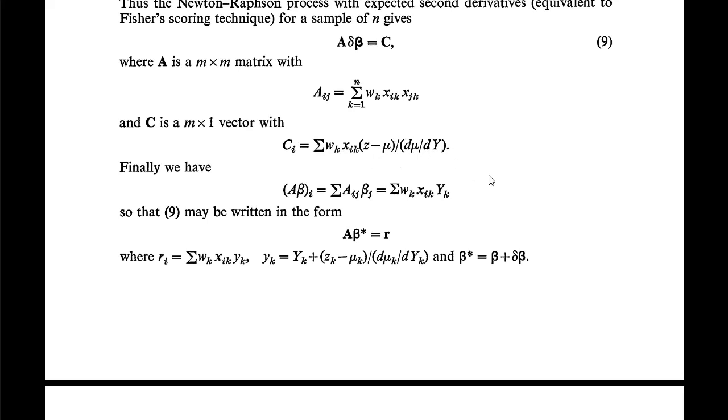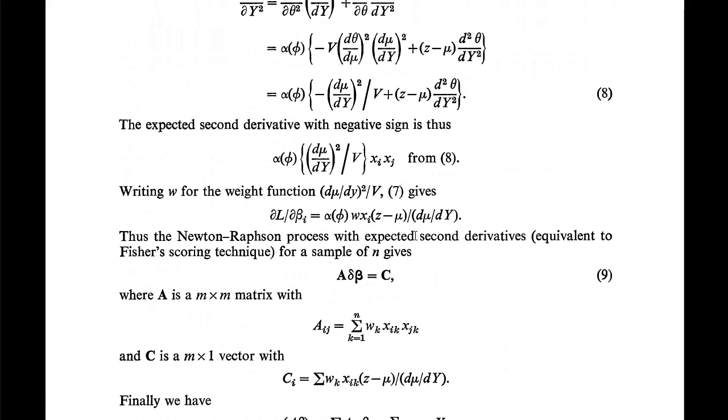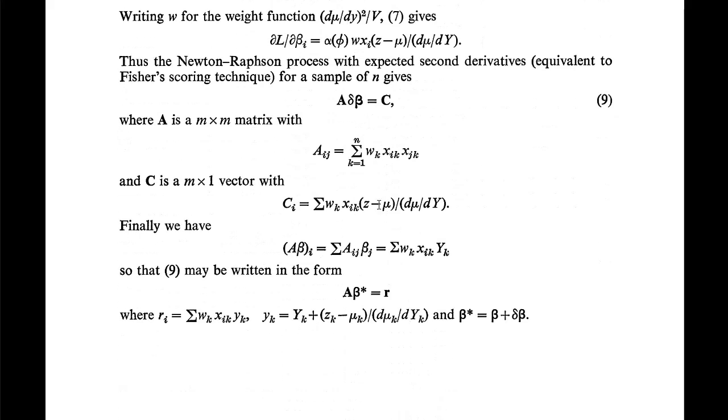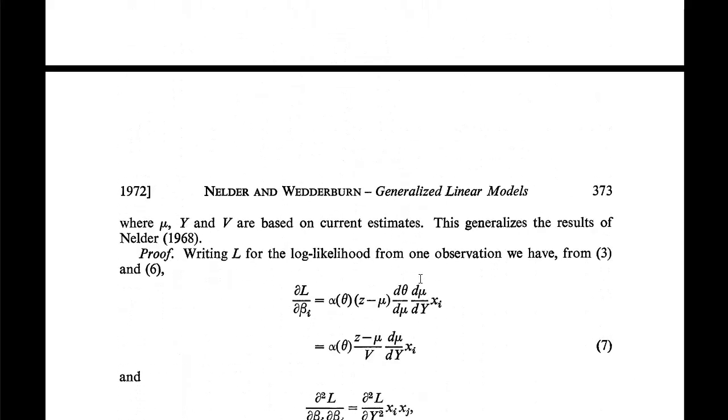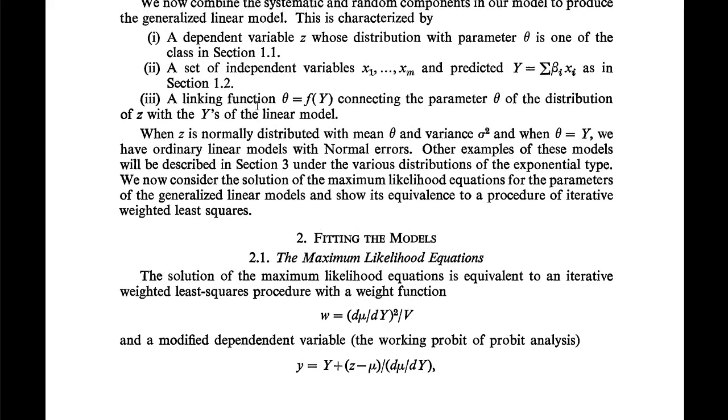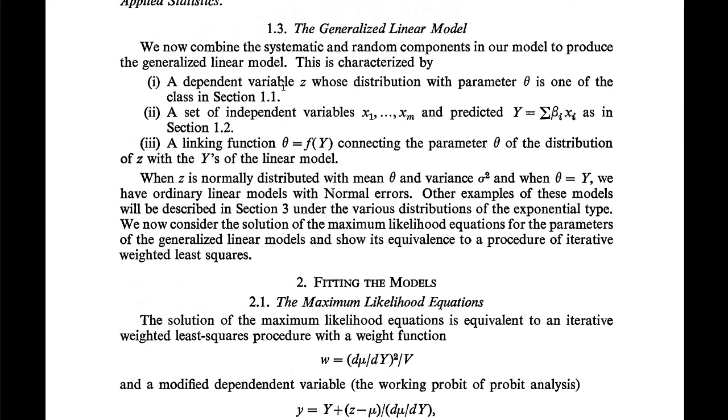I want to talk about why I missed it, and what's going on. Remember, mu is the mean of z. So is the mean the same for every observation? That's what we need to think about. z is a distribution with a parameter theta, and theta is defined by some function of y.